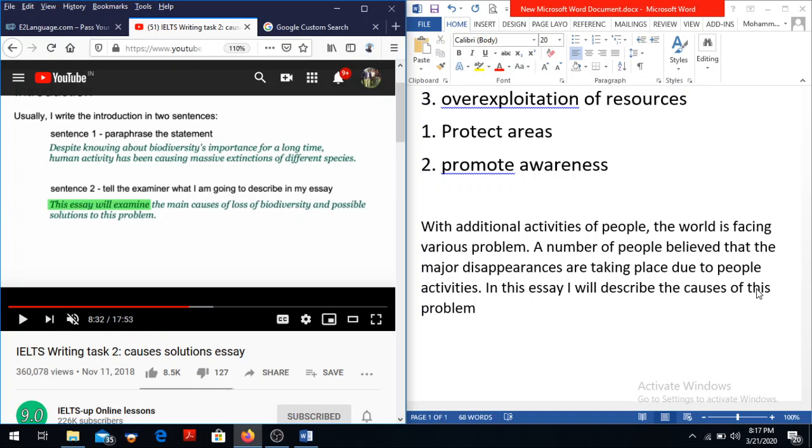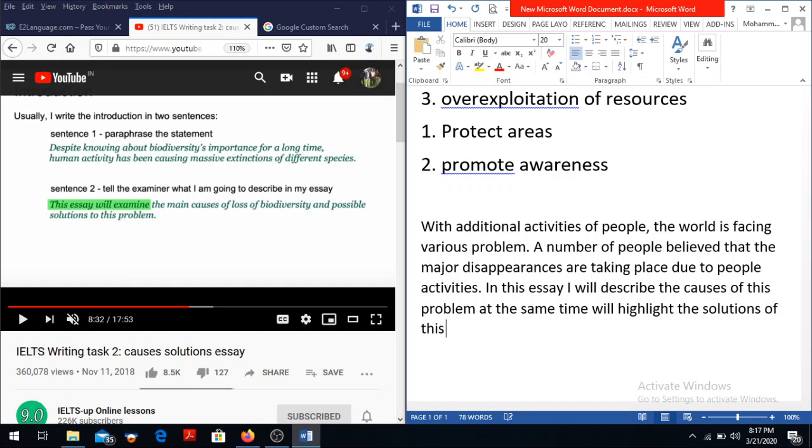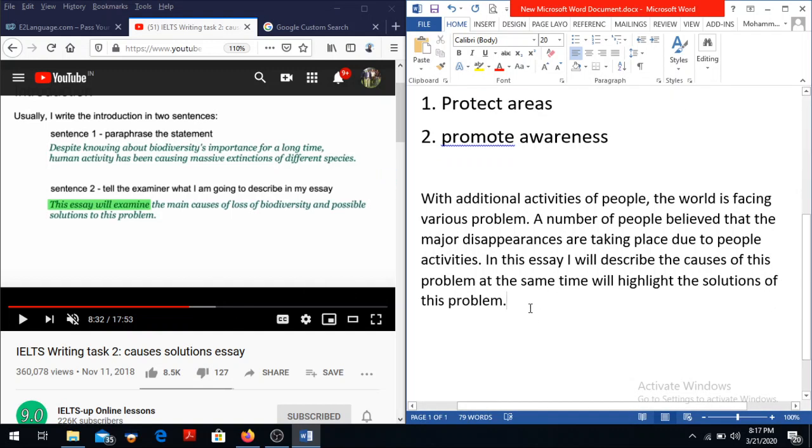I said in this essay I will describe the causes of this problem, and at the same time will highlight the solutions of this problem. So this is our introduction.